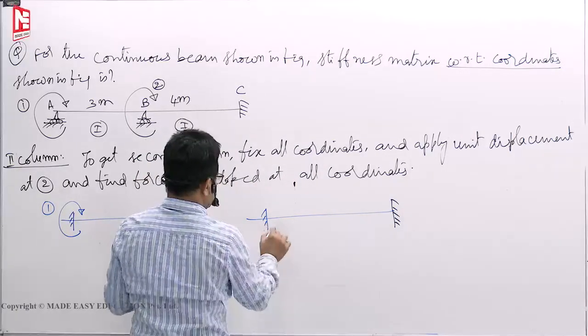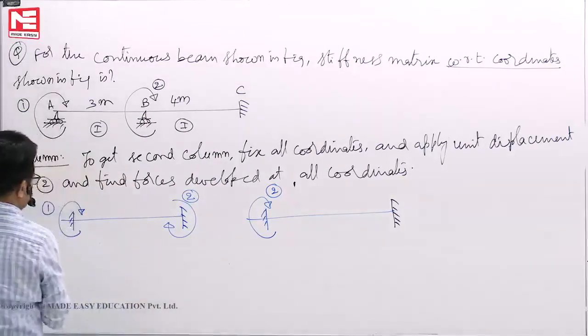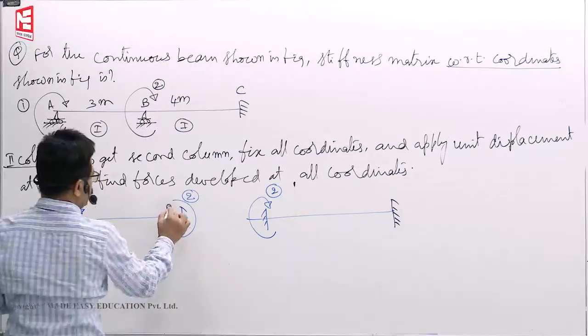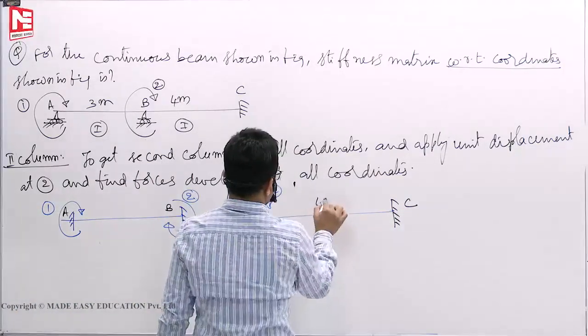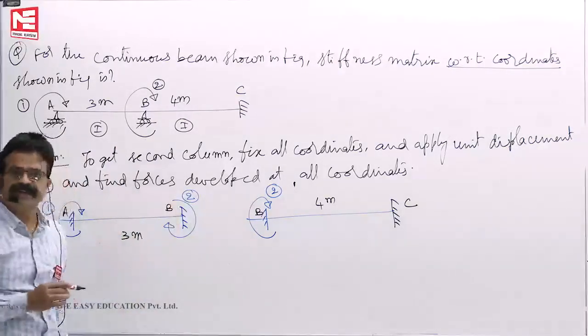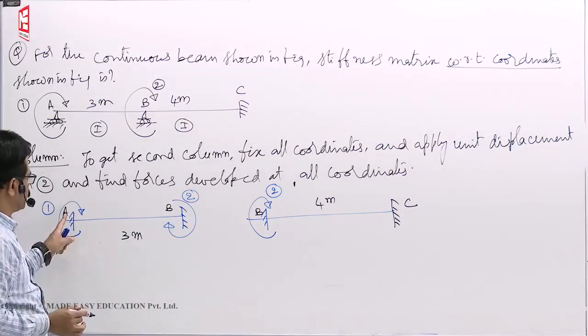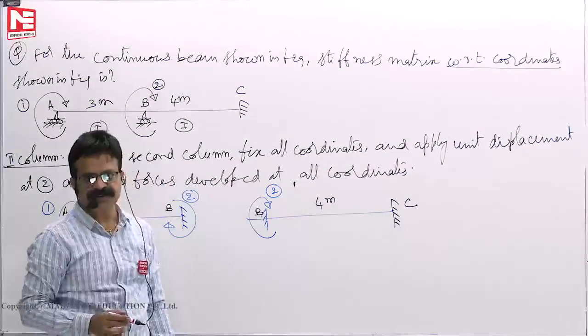If this is clockwise, it has to be clockwise like this. This point, let us say A, B, B, C, 4 meters, 3 meters. So, symbolic representation of fixing the coordinates at A, B only. Fix, fix, fix, actual fixed support.